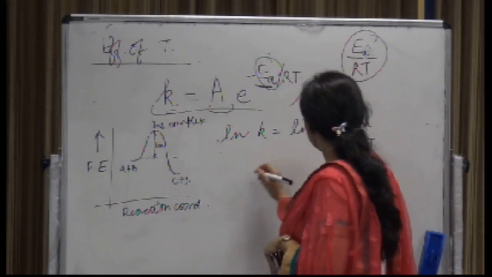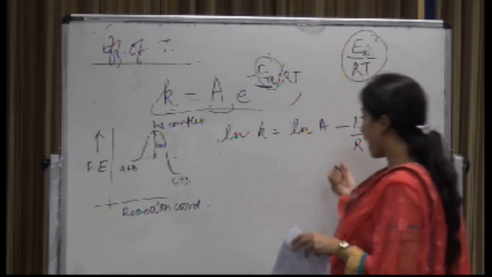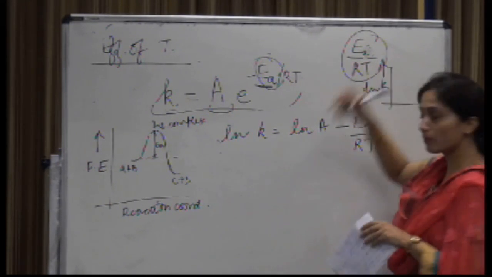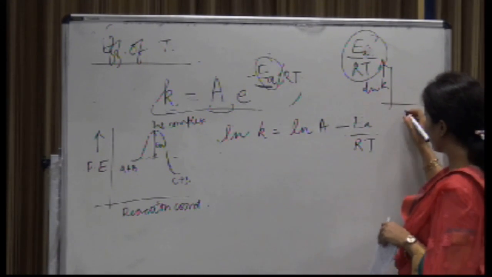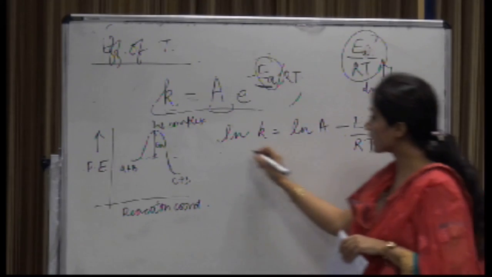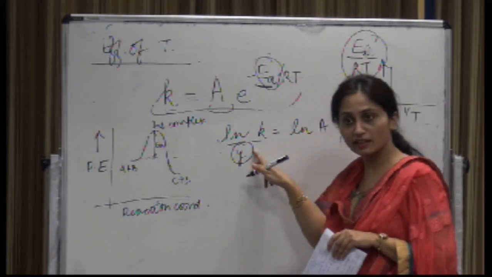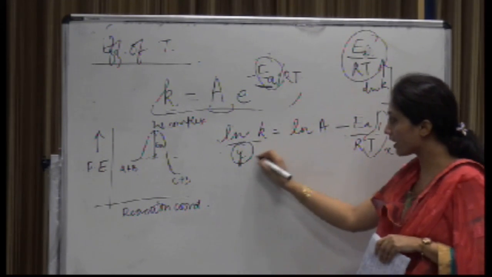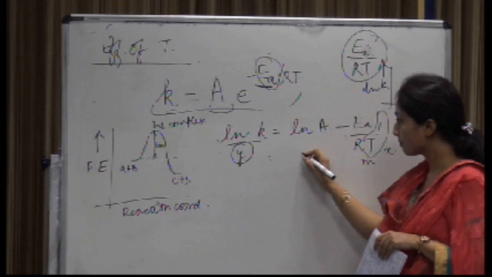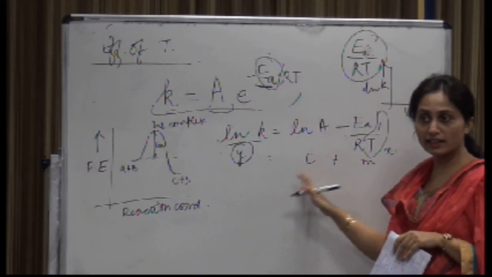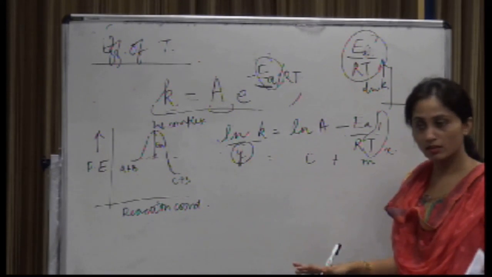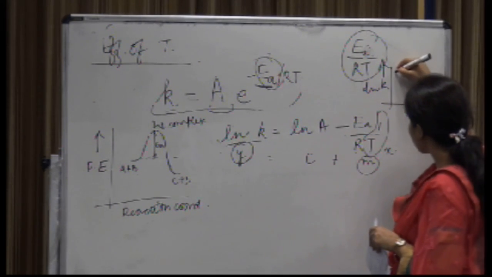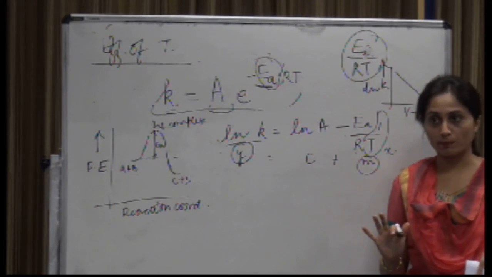Now here you can also have a graph between ln k and 1/T. Many graphs are made, like you must have made in first order too. If I make a graph of ln k and 1/T, ln k is your y and 1/T is your x. If I take it to be y is equal to mx plus c, it should be a straight line, and the slope m is minus EA by R. So it will be a straight line with a negative slope.